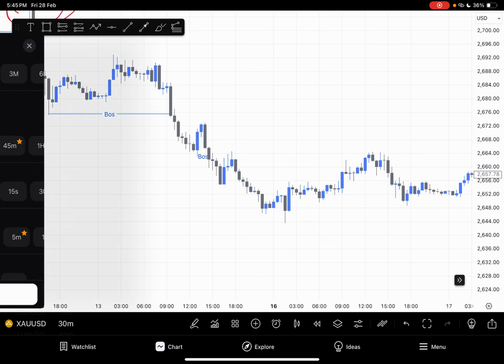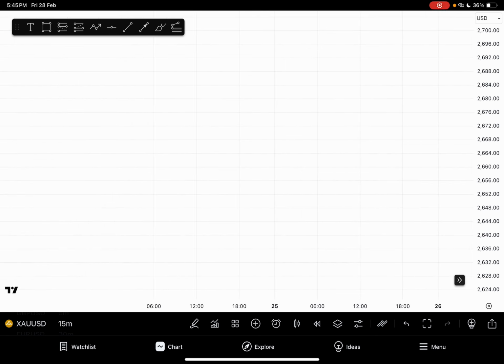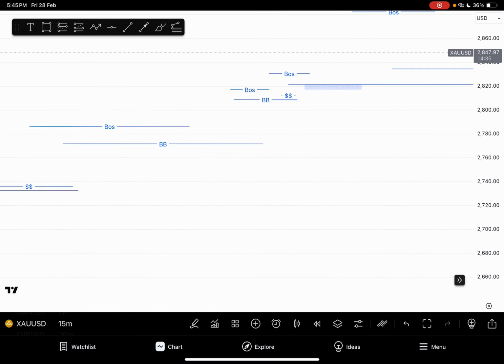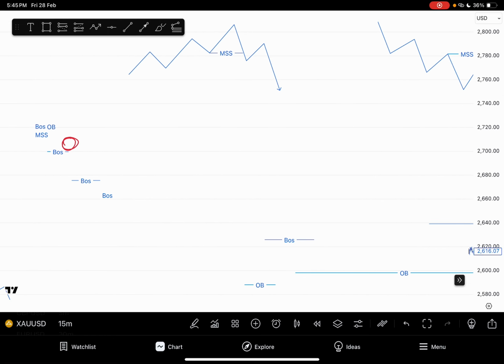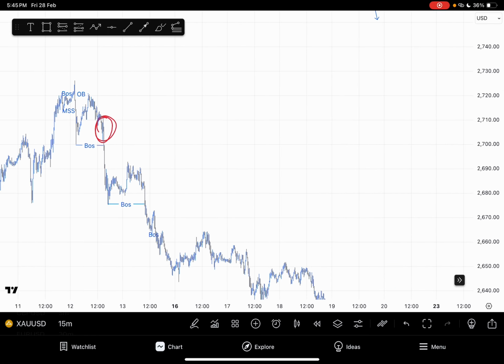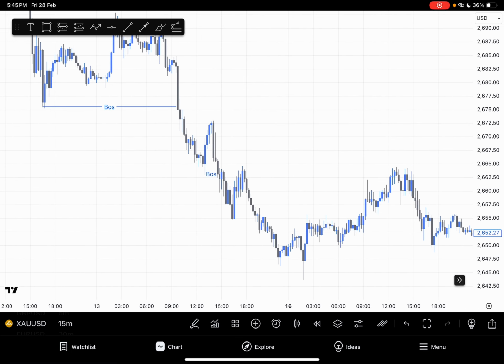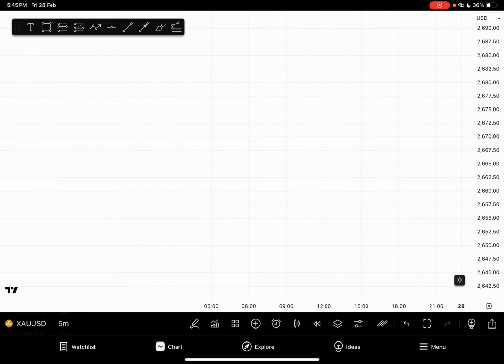So after the break of structure, you have to keep going down to a lower time frame to look for a breaker block. If price creates a breaker block, you have to keep going to a lower time frame. So you have to keep going to a lower time frame until you are able to spot the breaker block.